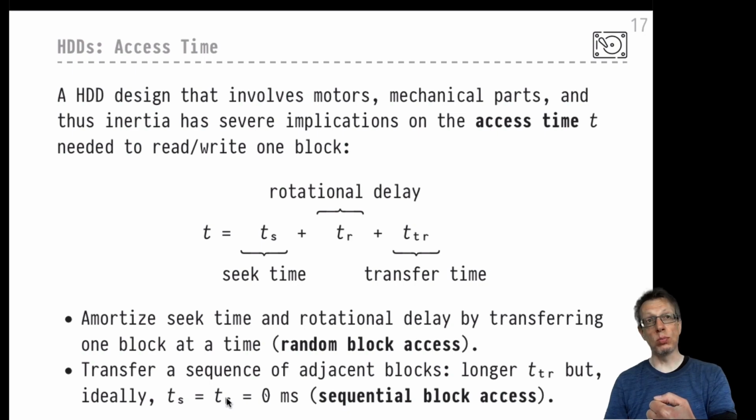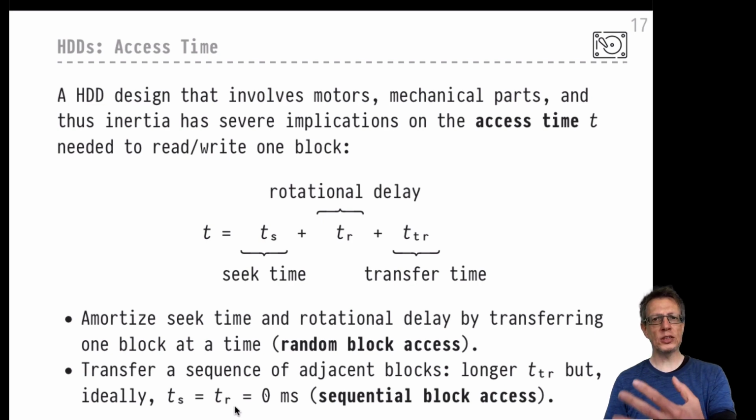The next wanted block will be in immediate adjacency to that, physically contiguous. So no new seek time, we are on the same track, and no rotational delay. The next block is just after the block we have just read. That's called sequential block access. We would have to endure the transfer time because we want to read the bits from these blocks, but TS and TR would only hit us once.